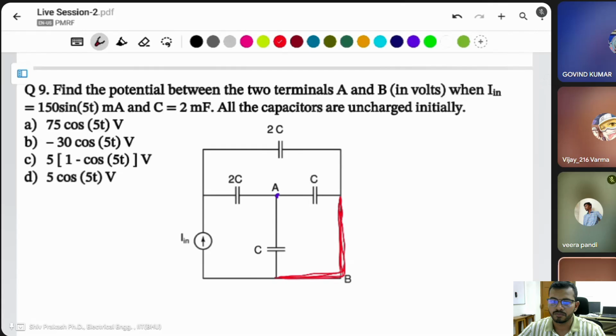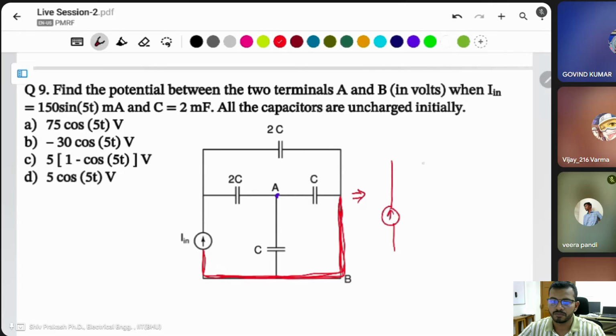These two are connected in parallel, and this is also the same. So the total capacitance comes out to be C plus C, that is 2C. Again, 2C and 2C are connected in series, which comes out to be C.